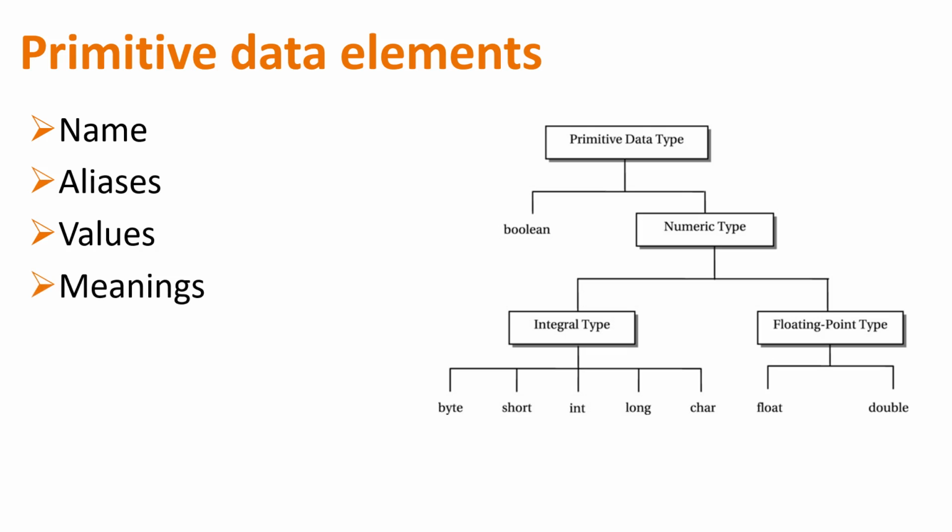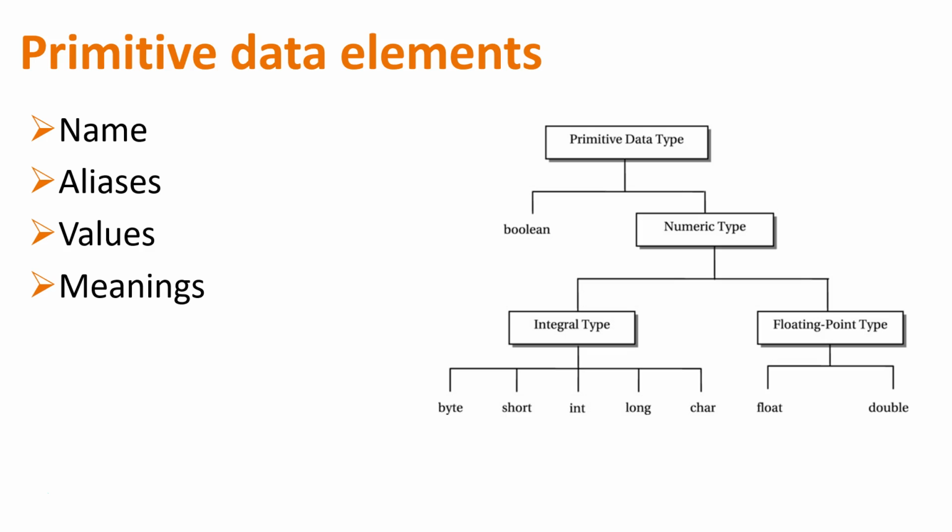You'll have a name of the data element. What is the name of this data element? The primitive data element name would be first name. What else might it be called? Name, F name, things like that. When you're trying to define a primitive data element, what are the possible values? When you're talking about things like claim status, the name is claim status.